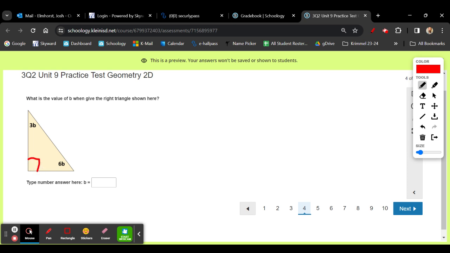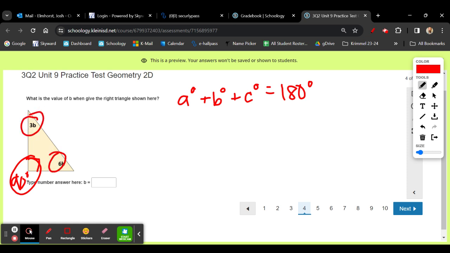So this right angle means it's 90 degrees. So if this is 90 and all the angles in a triangle add up to 180 degrees, so angle A plus angle B plus angle C is equal to 180 degrees. That's our triangle sum theorem. So we got 3B plus 6B plus 90 equals 180.